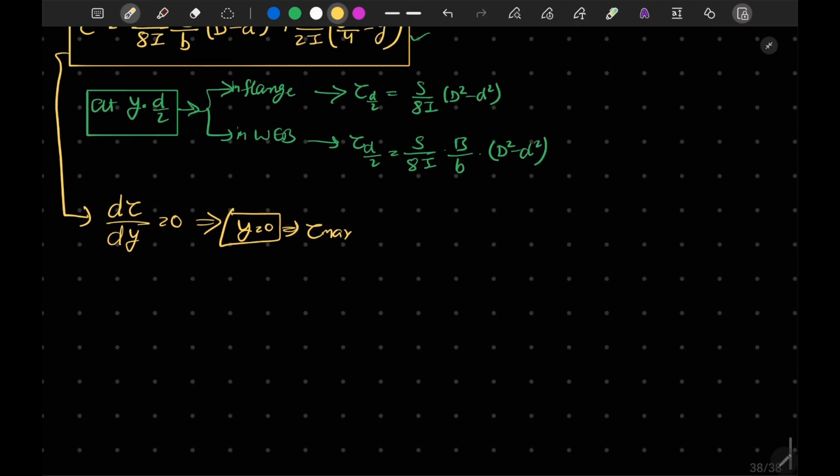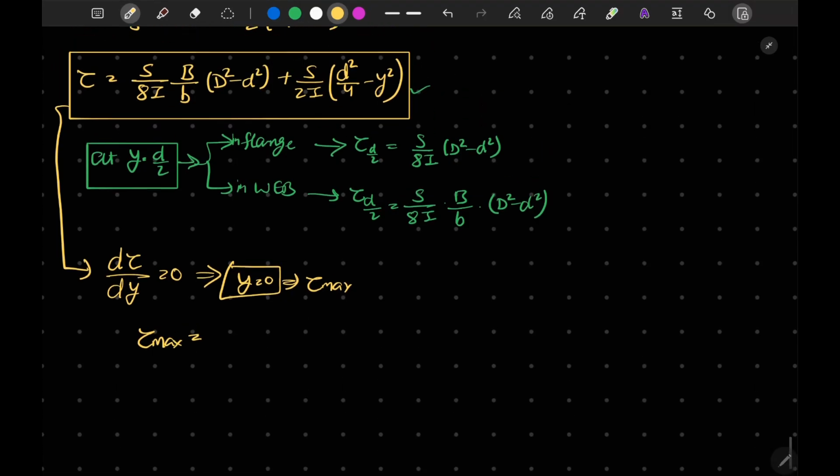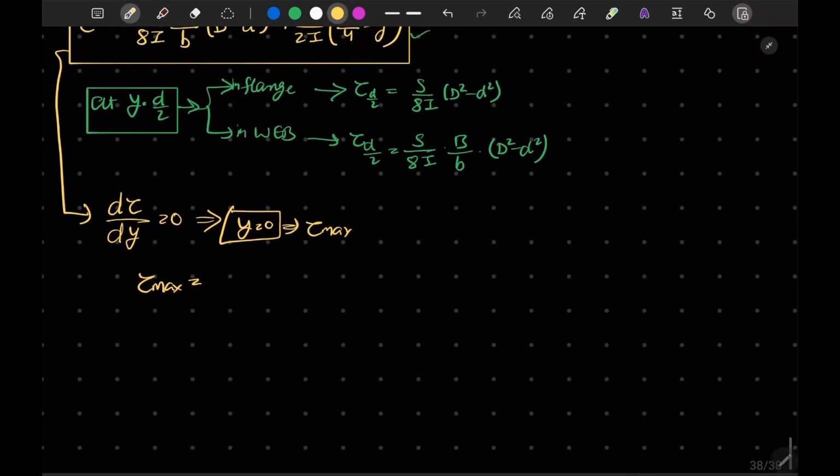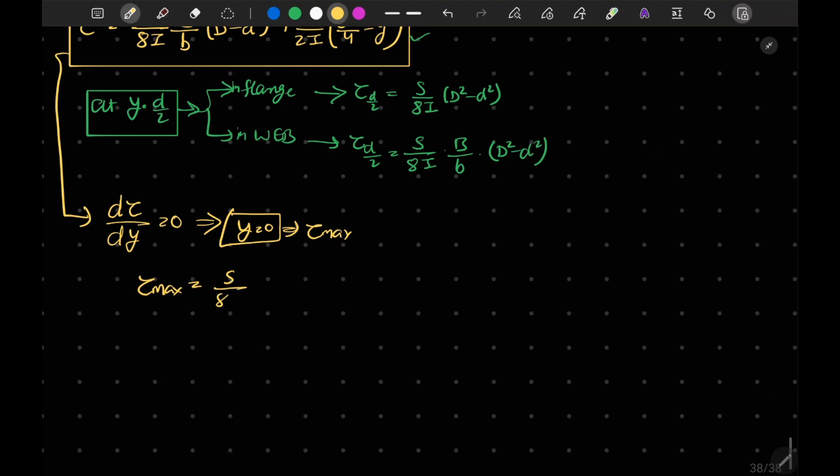To calculate the value of tau max, I will simply use this equation. So from here I will obtain S upon 8I times B by b times d square minus d square, plus S upon 8I times d square.